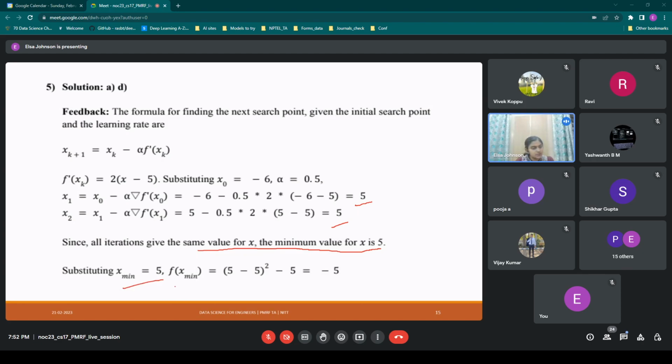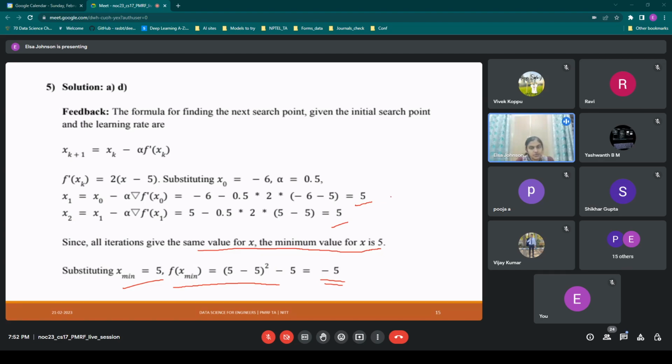Then we'll find the minimum value of the function. So f of x minimum will be (5 minus 5) the whole square minus 5, which is minus 5. That is the minimum value for the function. In case x1 and x2 are different, the question may say find the value after the third iteration.